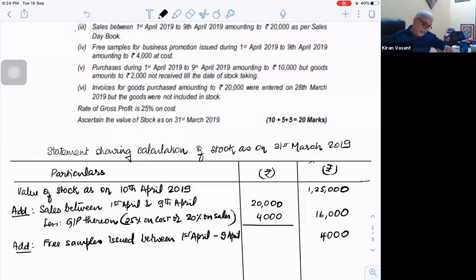Invoices for goods purchased amounting to 20,000 were entered on 28th March 19, but the goods were not included in the stock. That's it. Okay.